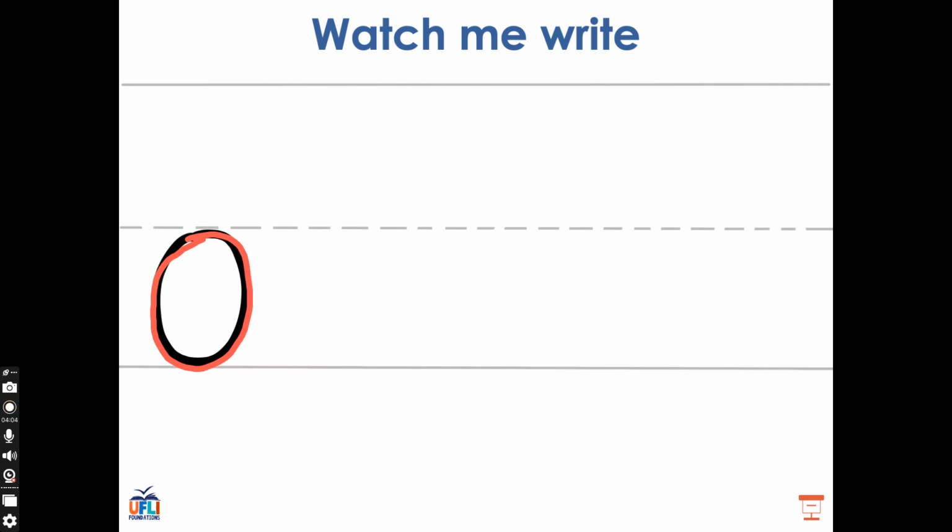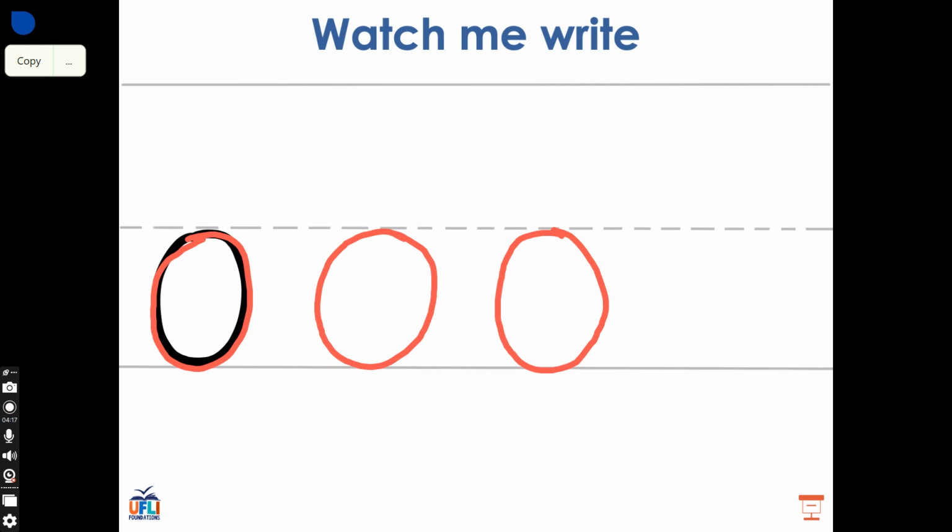Let's do that 3 more times. Start at the dotted line, curve down to the bottom, and right back up to where we started, lowercase o. Twice more. At the dotted line, curve down, touch the bottom, and back to where we started. Good, just like that, lowercase o. And once more. At the dotted line, curve down, touch the bottom, and right back to where we started, lowercase o.